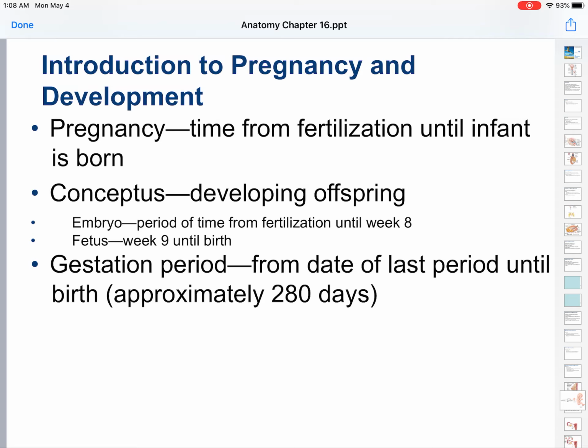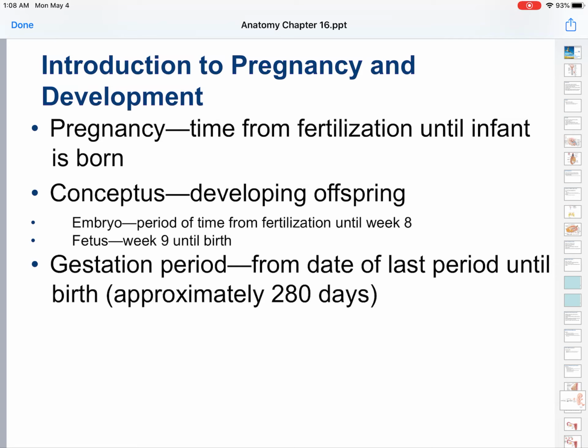Starting in week 9, during most pregnancies, at this point the fetus has at least the basics of all the organ systems in the body. So from that point on, we refer to it as a fetus because it is anatomically very similar to a child and an adult human in that it has all the different organ systems.